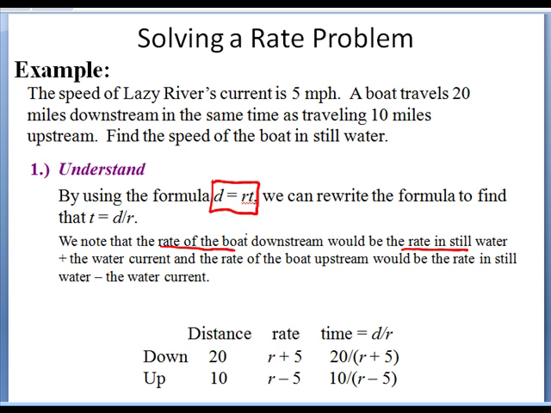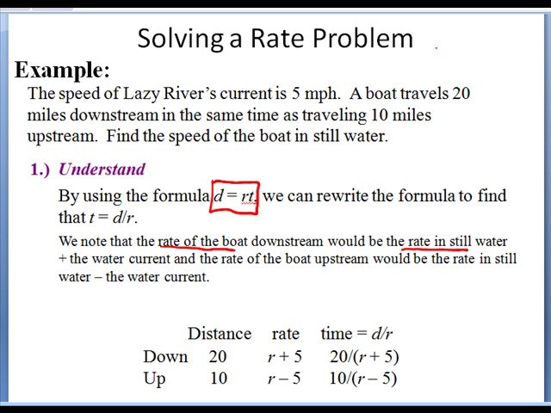Therefore the time is 20 over r plus 5. For upstream, we have 10 miles, r minus 5, which is the rate of the boat minus the rate of the current, and the time will be 10 over r minus 5.